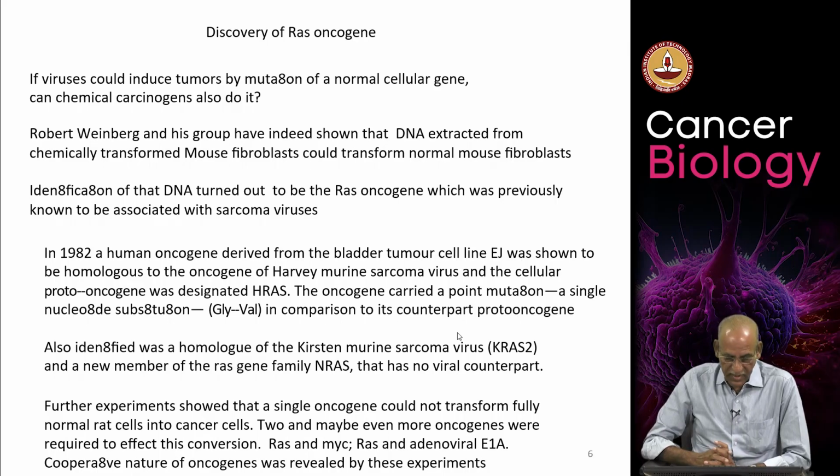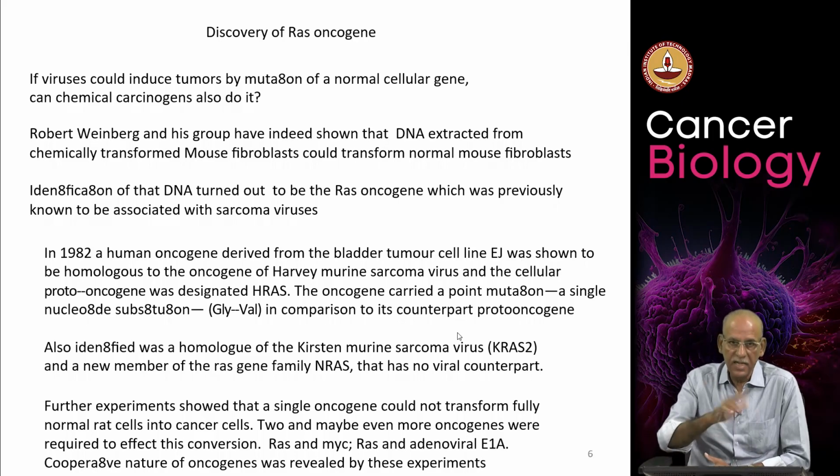So, for example, in their lab they used two oncogenes called RAS and MYC, or RAS and adenoviral E1A, which is another oncogene. So, these two combinations, either RAS with MYC or RAS with E1A.